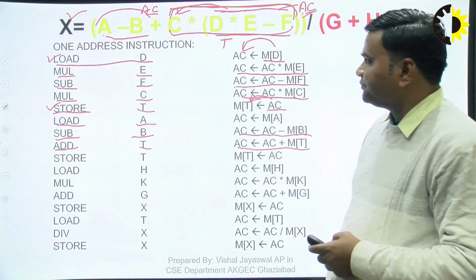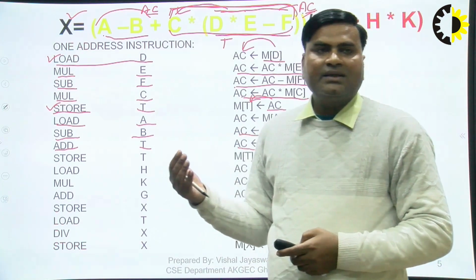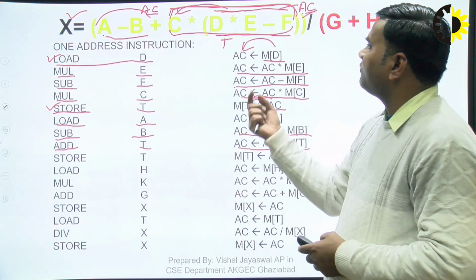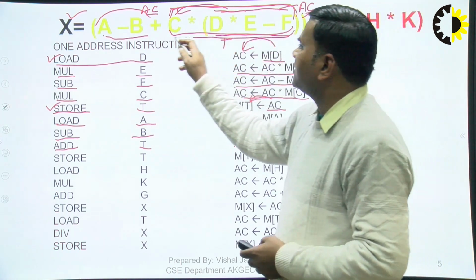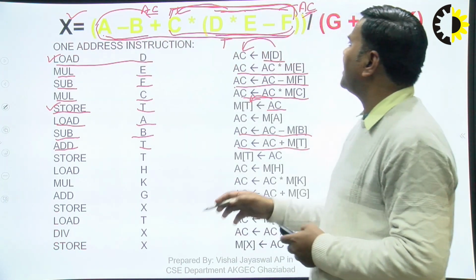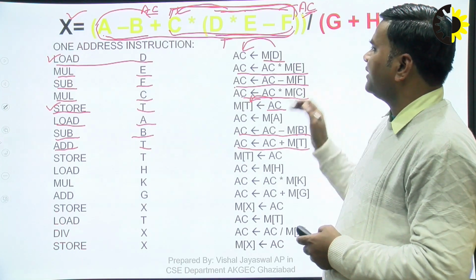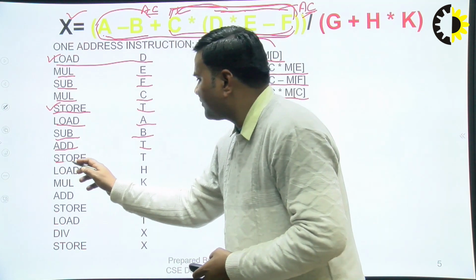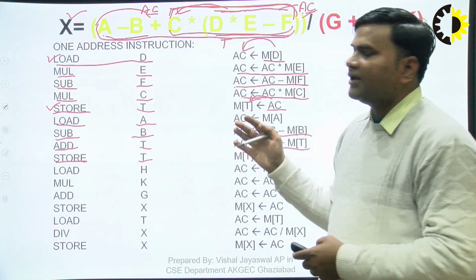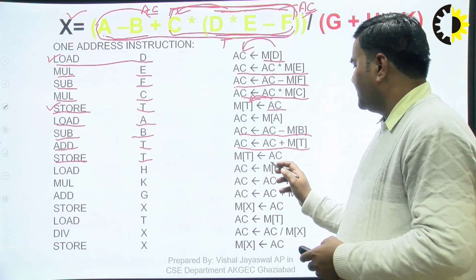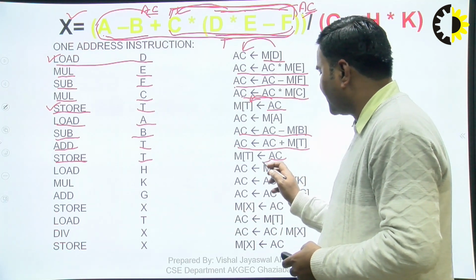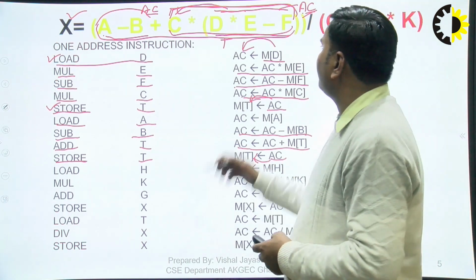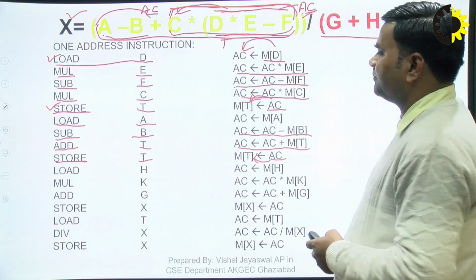After that, because of the limitation of registers and since we have only one register, we first store this whole numerator part, which is in AC, in a safe memory location. Here we use location T for storing the numerator part, that is store T. That means the content of AC is transferred to the main memory location T. After that we have to solve this part.